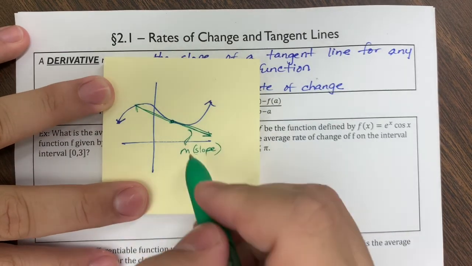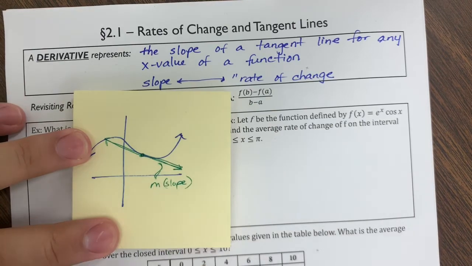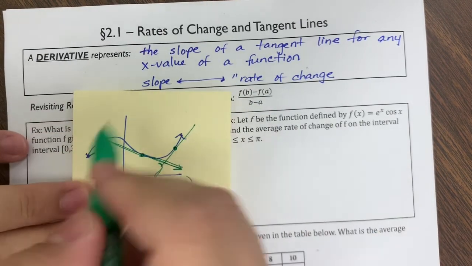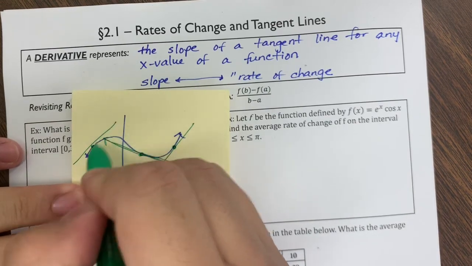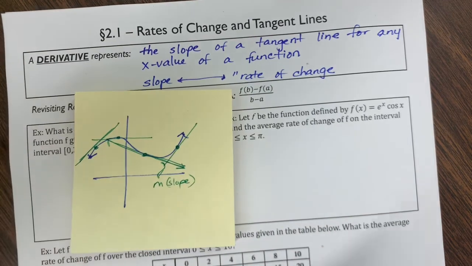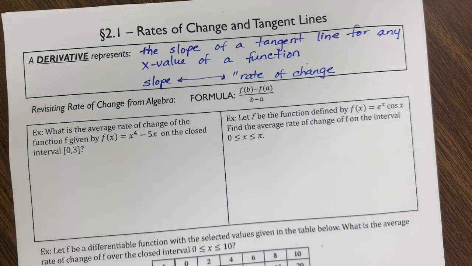What the derivative is going to help us determine is the value of that slope. The derivative can also tell us the slope of the function here, or of the tangent line of the function there. That's what we're ultimately trying to determine when we're doing the derivative.